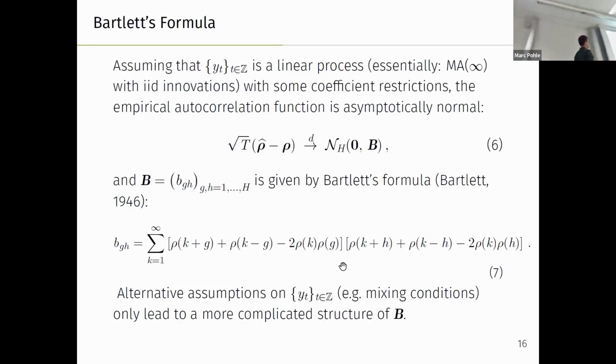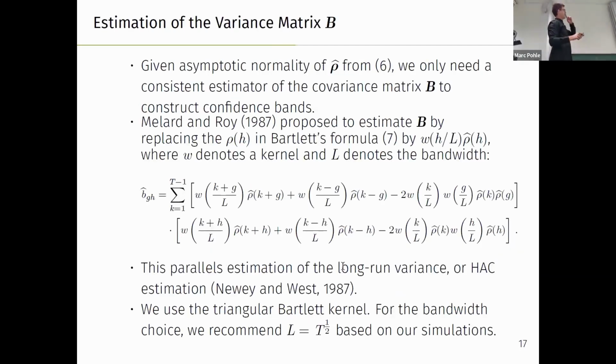We replace the theoretical autocorrelations by the empirical ones, and you need to scale them down as the lag gets large, with bandwidth and kernel choice as in the HAC estimator. That's exactly what Bartlett did in a nice paper in 1978.